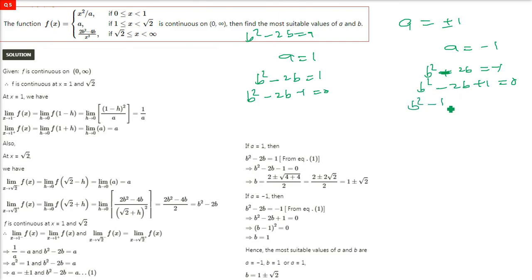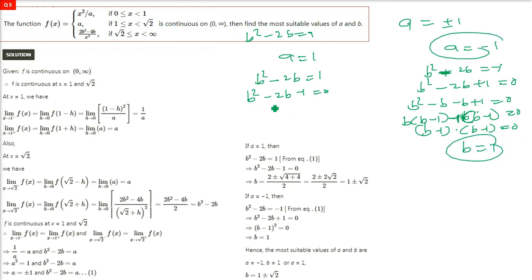B square minus b minus b plus 1. You can take b common, b minus 1, and minus 1 common, b minus 1. So you have b minus 1 into b minus 1. That is b equals 1. b equals 1 is your one result.